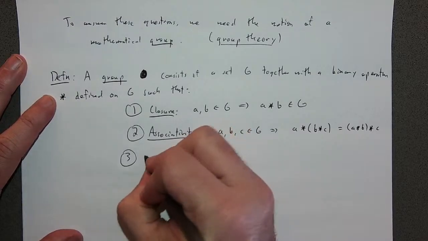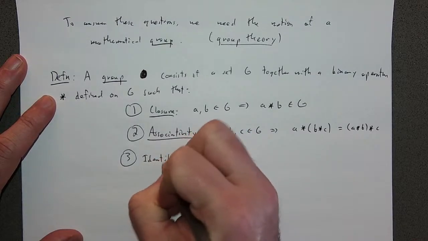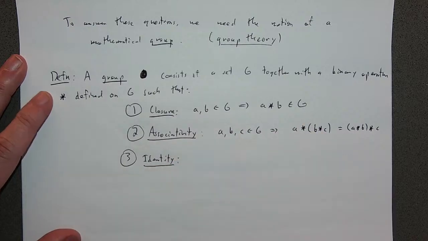Thirdly, it must have an identity element. So what does this mean?